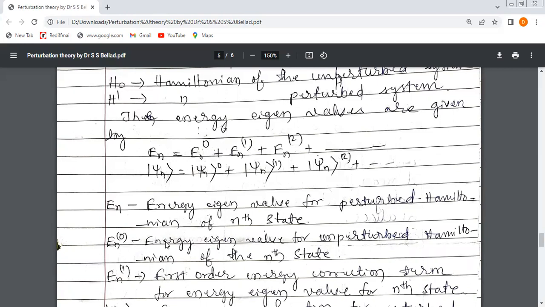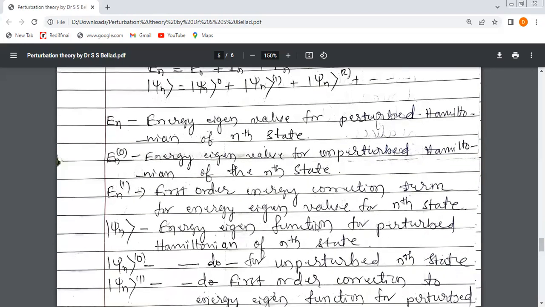En of 0 means the energy eigenvalue for the unperturbed Hamiltonian of the nth state. And En of 1 means the first order energy correction term for the energy eigenvalue of the nth state. That is represented as En of 1.